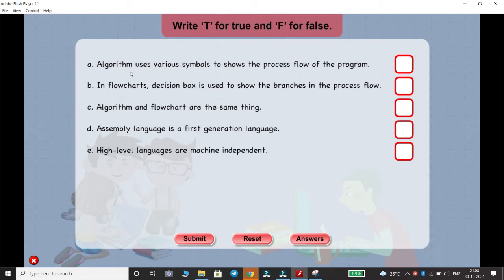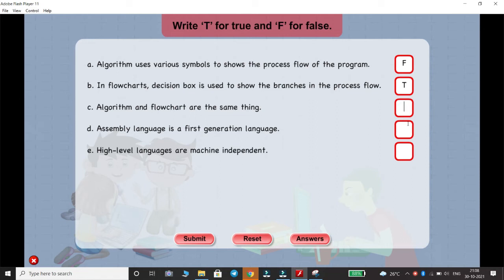Next is true or false questions. First question. Algorithm uses various symbols to show the process flow of the program. Answer is false. Second question. In flowchart, decision box is used to show the branches in the process flow. Answer is true.